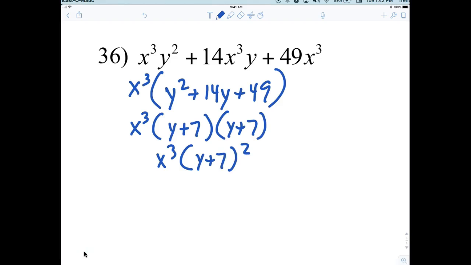Again, you don't get penalized if you don't write it as y plus 7 squared, but on most standardized tests, they would have that as the choice, y plus 7 squared. All right, does anybody have any questions with that? Any questions?